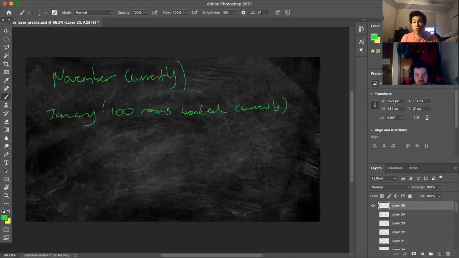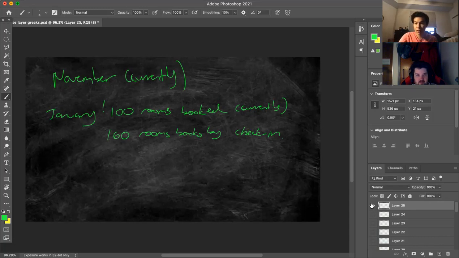In January, 2 months later, we're gonna get an additional 60 rooms booked, for 160 rooms by check-in. So as we get closer to that check-in date, we're gonna get more and more reservations. First, we need to calculate how many rooms we're gonna have reserved on the check-in date. Right now we only have on the books, so we need to find on the books and add the to-be-booked rooms to find the total amount of rooms which are going to be booked.